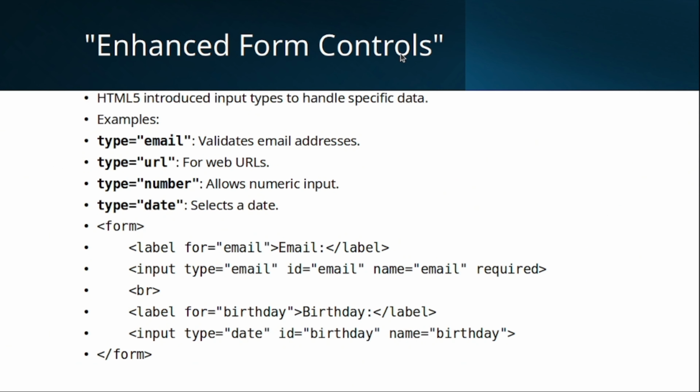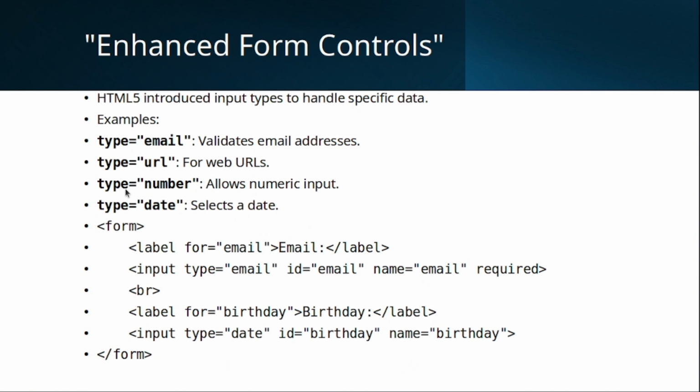Enhanced form controls. What are enhanced form controls in HTML5 and how do they work? HTML5 introduced input types to handle specific data. For example, we have type email, which validates email addresses. We have URL, which is for web URLs.